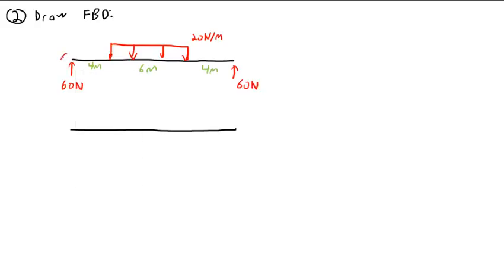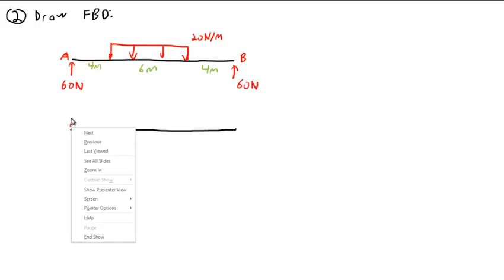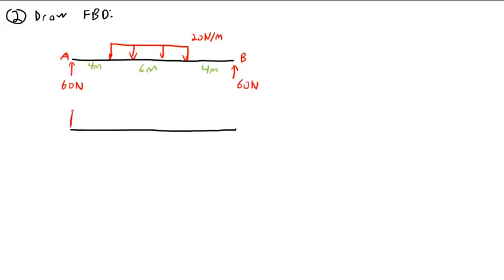This is A and B. Right at A, initially it's at 0 before this force comes along. But an upward point force is going to cause a jump in the shear diagram. So it just bops right on up to positive 60.